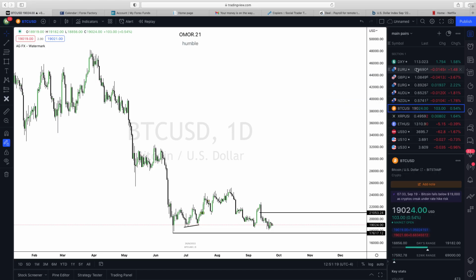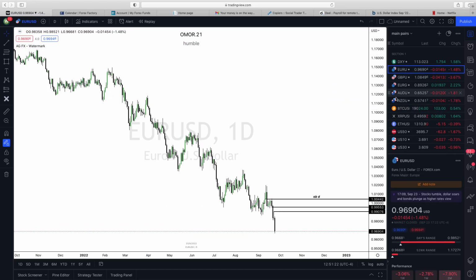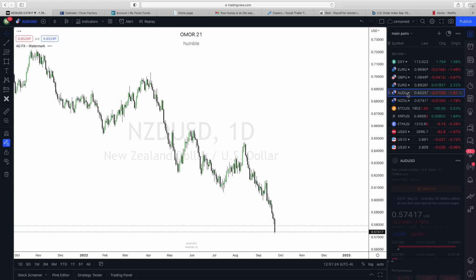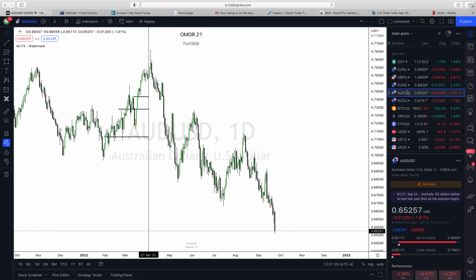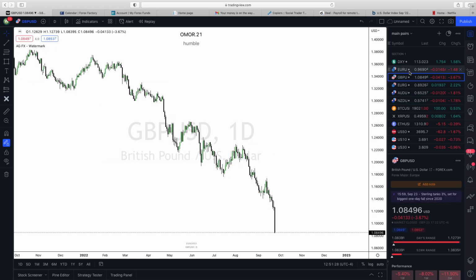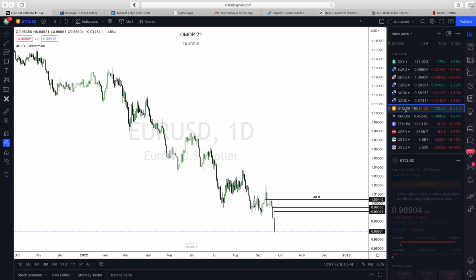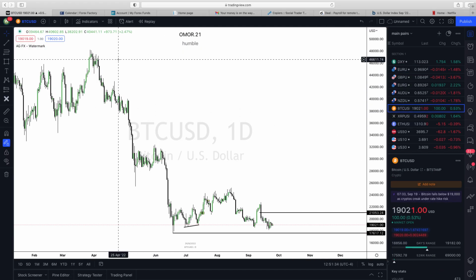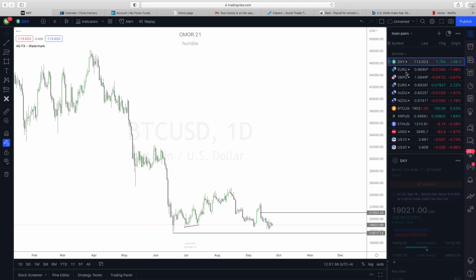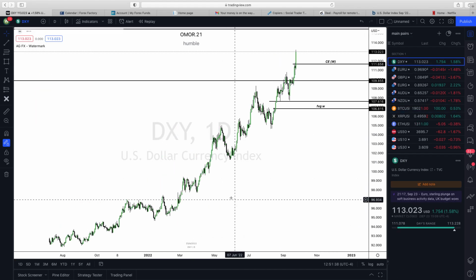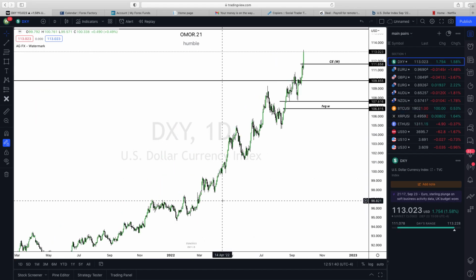And then, right, you see how I'm using NZD USD and AUD USD to understand that there is a potential move lower for GBP USD and EUR USD. That's how I understood Bitcoin topped out. Why? Because I matched the top of Bitcoin with the bottom of the DXY. Bitcoin didn't have any other previous highs.